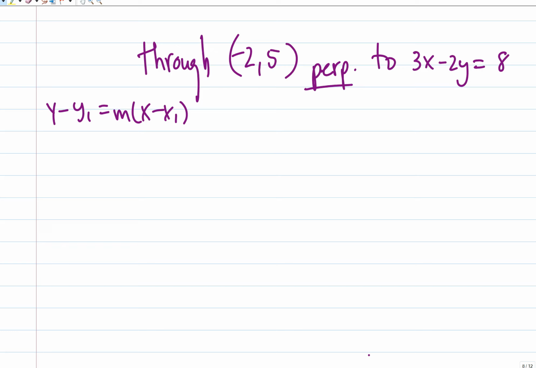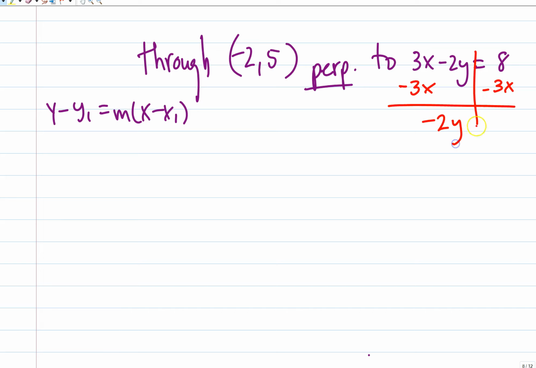Through a point, perpendicular. Are we going to use the same slope? Do we even know the slope of that equation? How do we get the slope? We put it into y equals mx plus b.